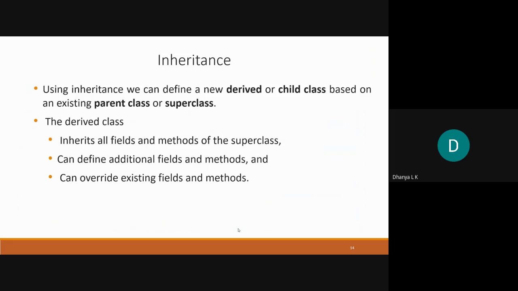Fields means variables; in some languages like Ada and Simula, variables are called fields. So the derived class can inherit all the variables and methods of the superclass, and the derived class can define additional variables or additional methods in its own body. And the derived class can override also, which we will discuss in detail.